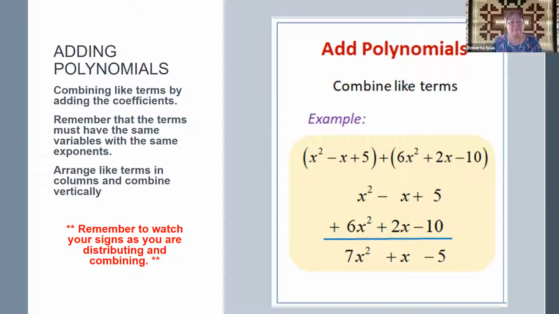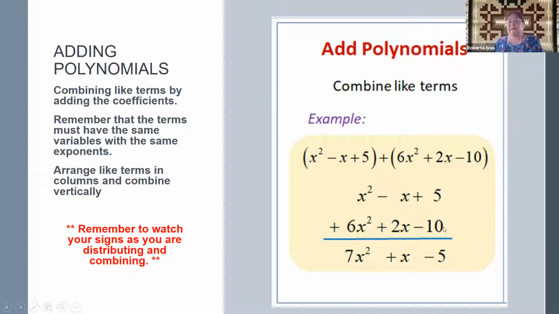You can also solve them by arranging like terms in columns and combining vertically, such as the example on this side. When you add polynomials, you can stack them like this: x squared minus 5x plus 5, and you can put the 6x squared plus 2x minus 10 underneath it, and then just solve vertically downward.